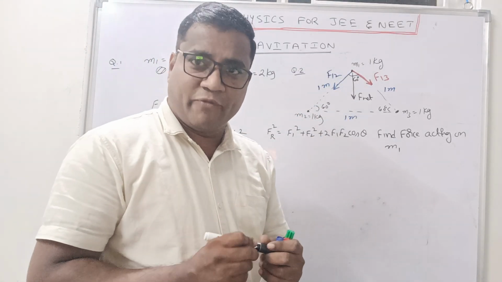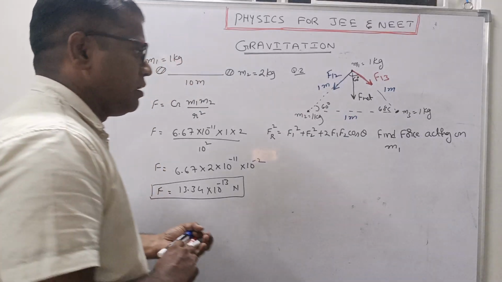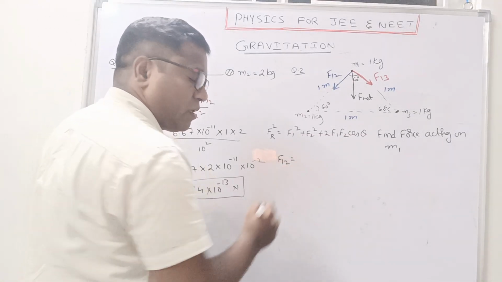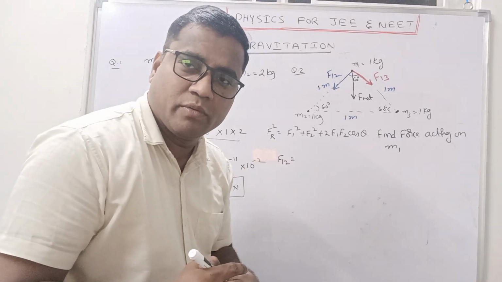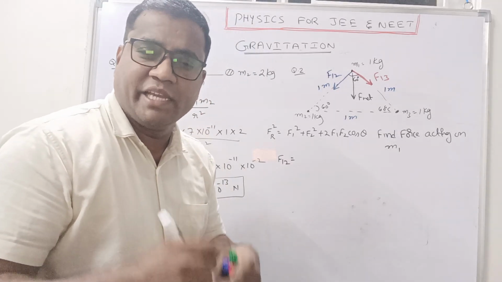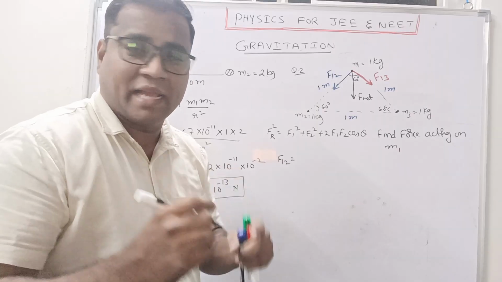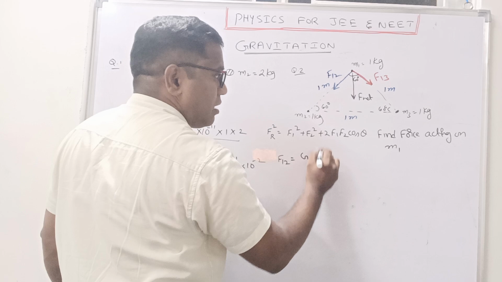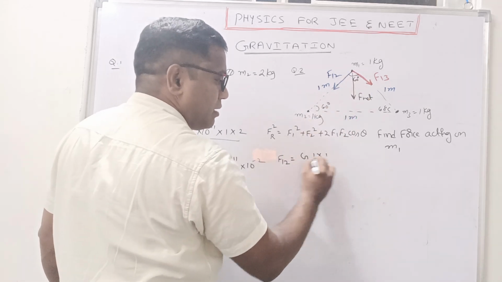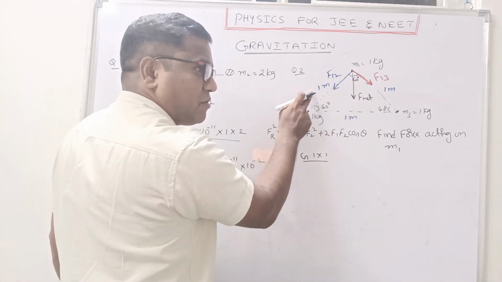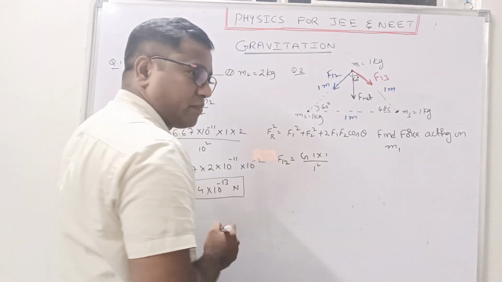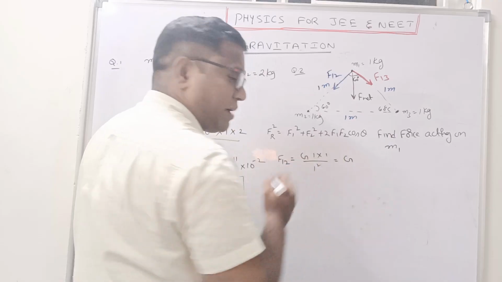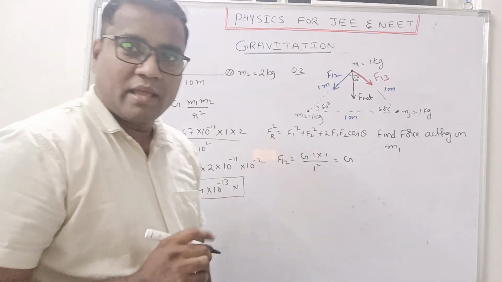Now first our target is to find the values of F12 and F13. So see how to solve. Here I will write F12 is equal to, what is the formula for F? G M1 M2 by R square. What is M1 here? 1. And M2 is 1. By R square. Distance is how much? 1. So it is 1 square. Clear? So I get the value G. I hope you are understanding, right?